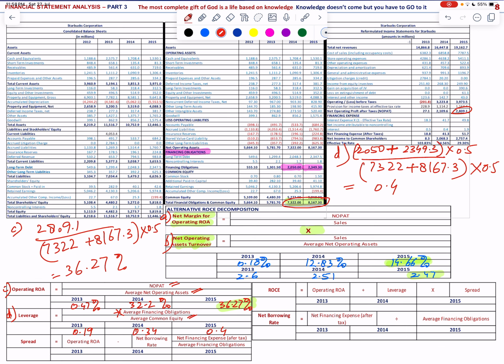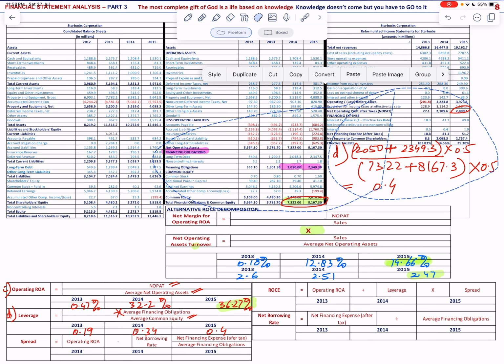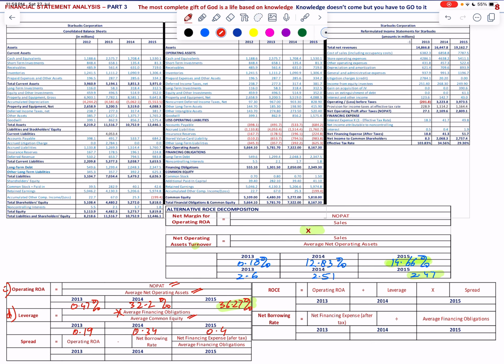Next we move on to, let me clean this first. Next we move on to number E, that is spread.